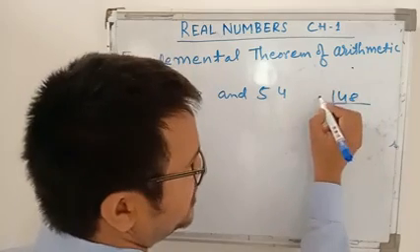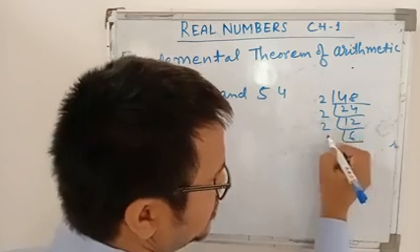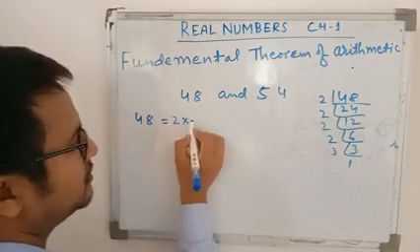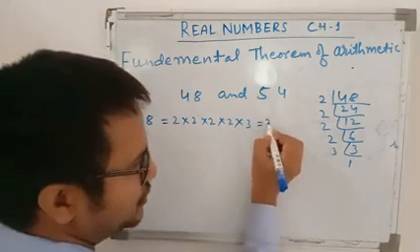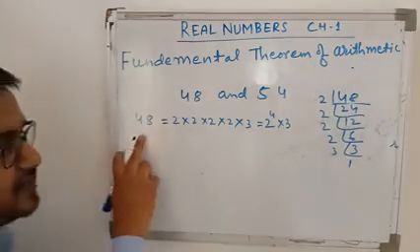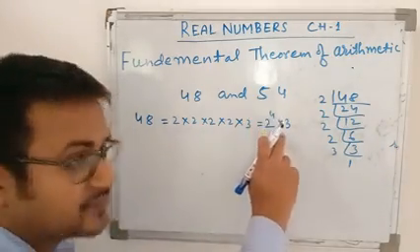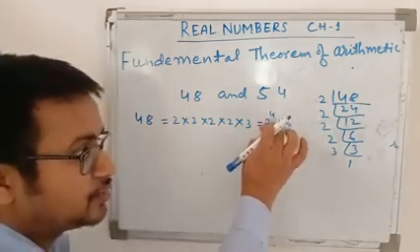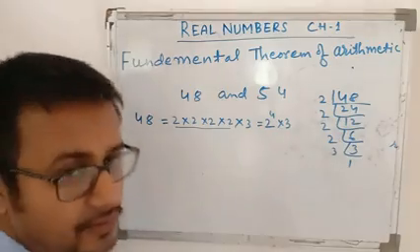Take the prime factors: 2 twos are 4, 2 twos 24, 2 sixes 12, 2 threes 6, 2 3s, 3 ones. So 48 is 2 into 2 into 2 into 2 into 3, that is 2 to the power 4 into 3. 2 is repeated 4 times, that's why 2 to the power 4.